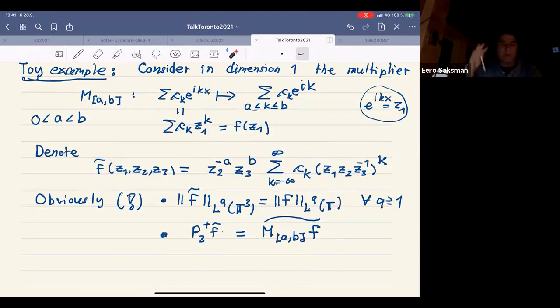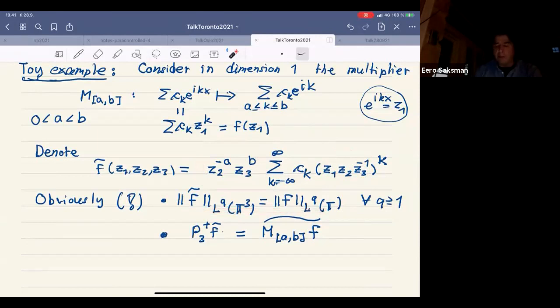So it is a lift of f to 3 dimensions. And this doesn't change the LQ norms at all. Because you can first compute the norm with respect to z2 by Fubini. But then for fixed values, this is just a constant. It doesn't change the LQ norm. And these are just unimodular factors in front, so they don't change the norm. So the norms are the same.